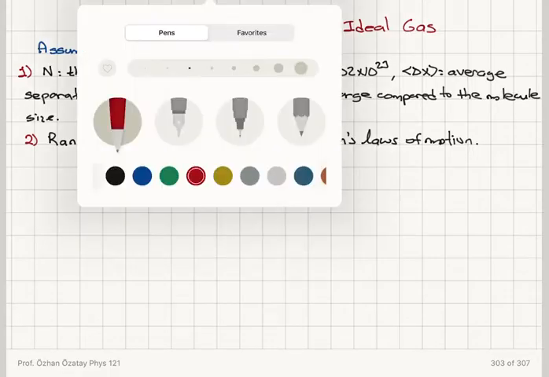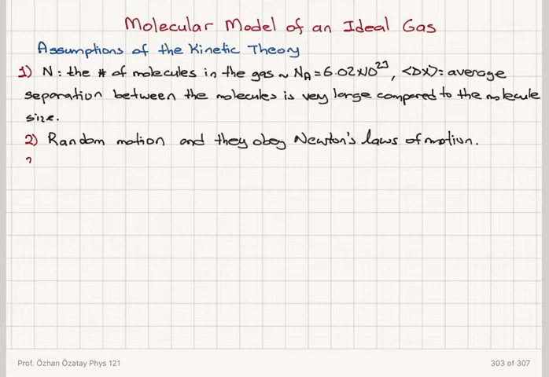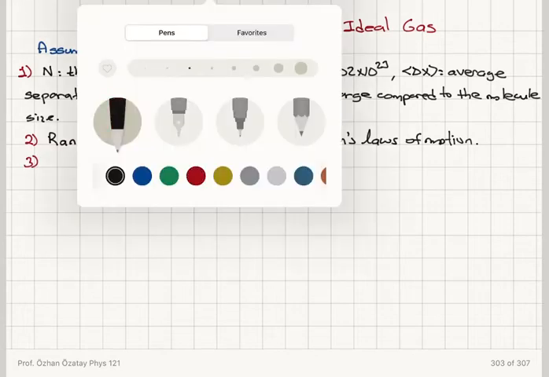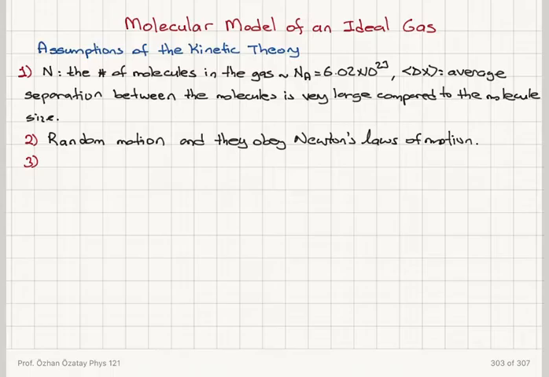Now, how often do they interact? They interact very rarely because there's a large separation between them. But when they do interact, it's by short-range forces that are developing during elastic collisions. So we have elastic collisions between molecules and short-range forces.